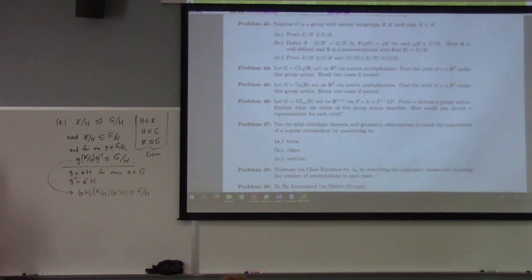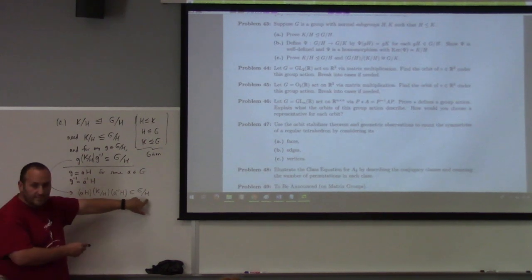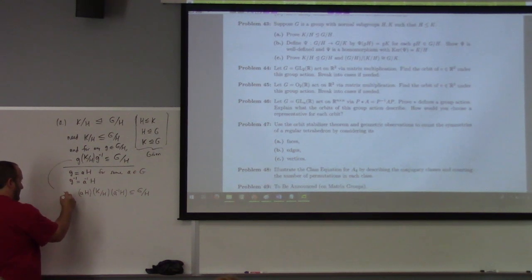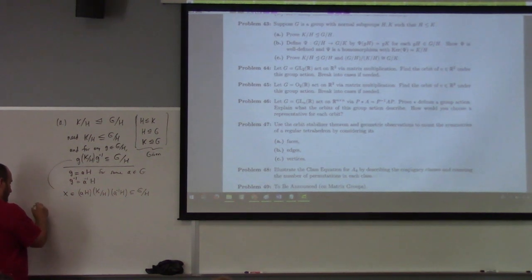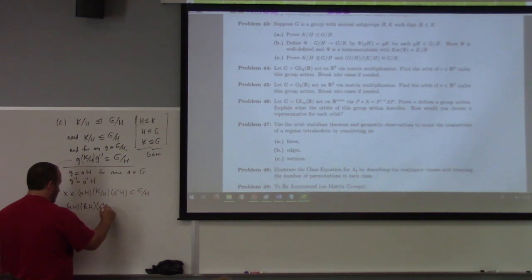I will resist the urge of trying to be clever, and instead just do direct battle, as you guys would likely do. So what we do is we pick a point in here, and we want to show it's in there. So pick a point. Let x be an element of that. What would that mean? Then x is equal to what? It's equal to AH times what? Times, let's say, K times H, right? Times A inverse times H.